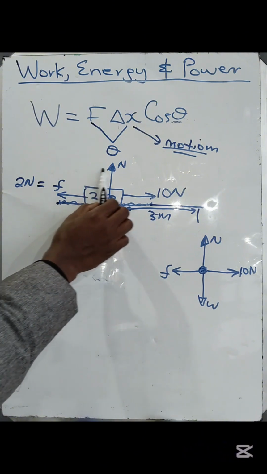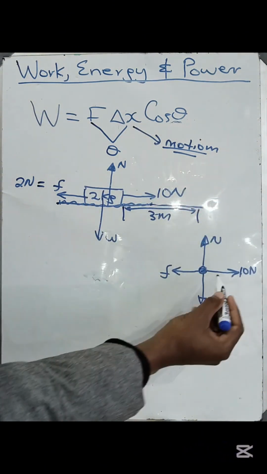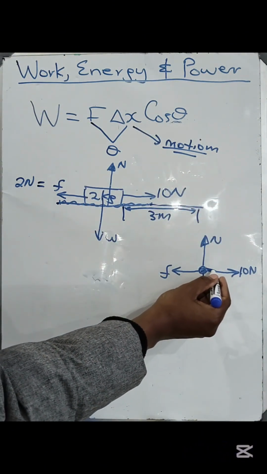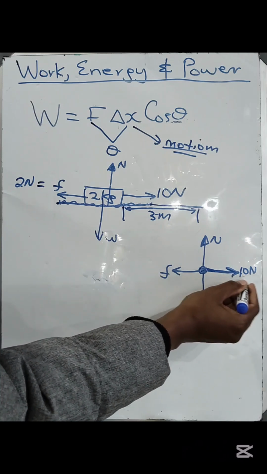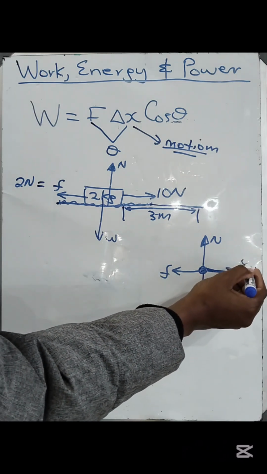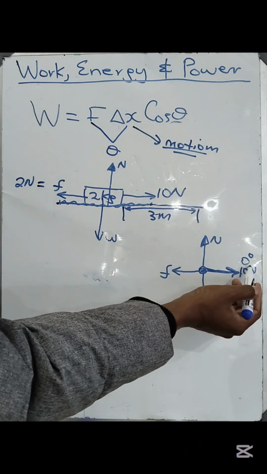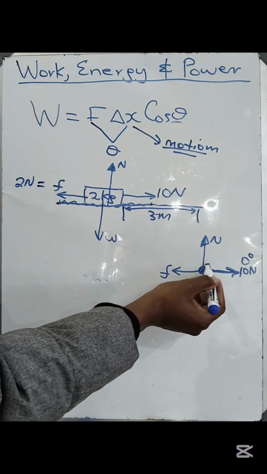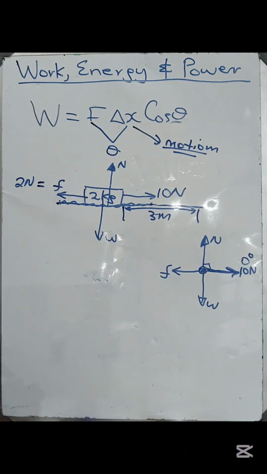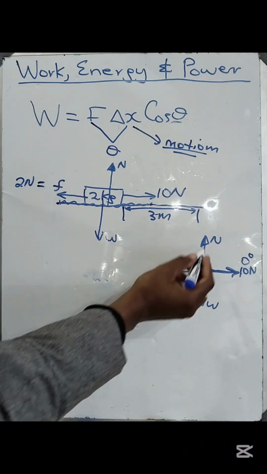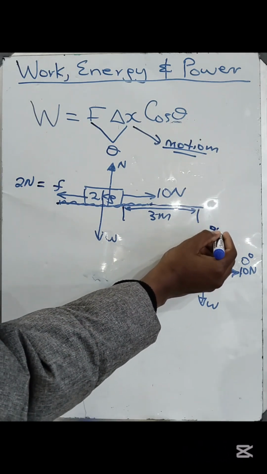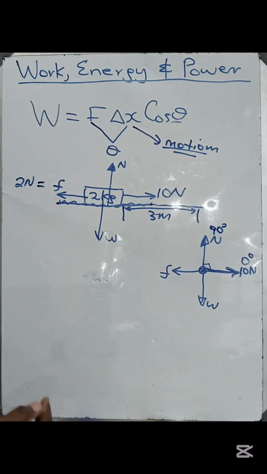This object is moving in this direction, and this force is directed in that direction, which means the angle for the 10 newtons is 0 degrees. Normal force is always perpendicular, which means 90 degrees. For the normal force, we have 90 degrees, okay?